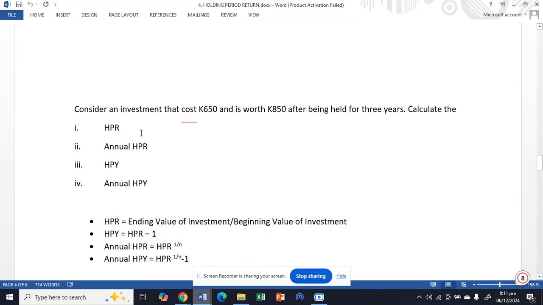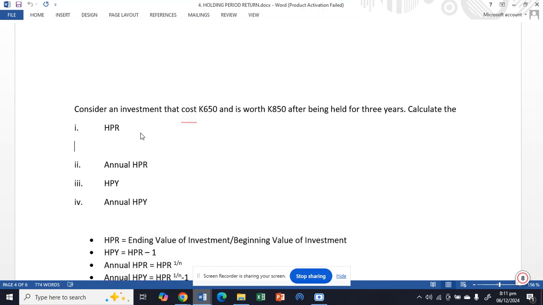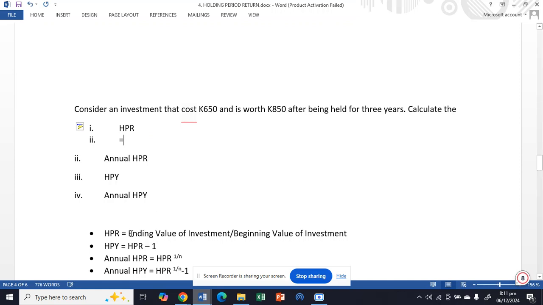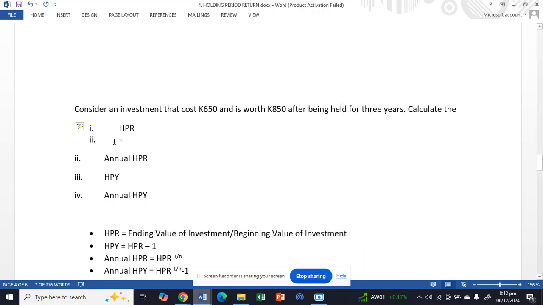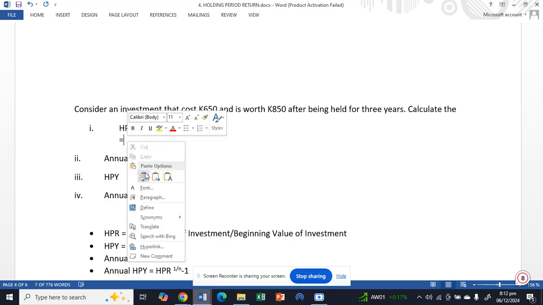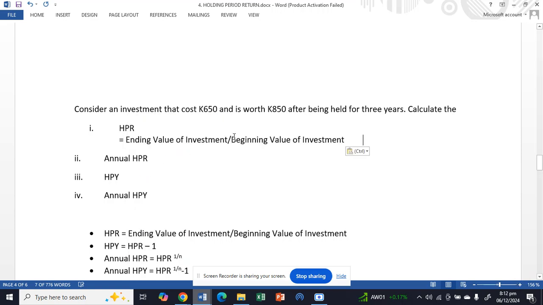So the first thing is we're going to calculate our holding period return. The formula is the ending value of the investment over the beginning value of the investment. Now, if any income came from the investment, you can add it to the ending value here in the numerator.